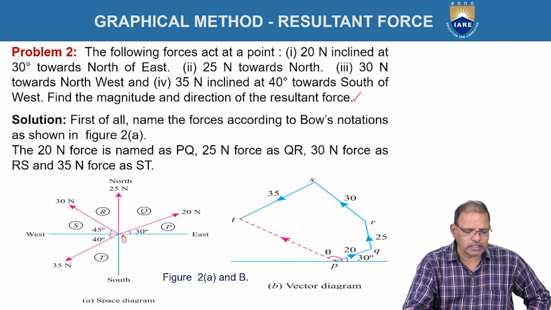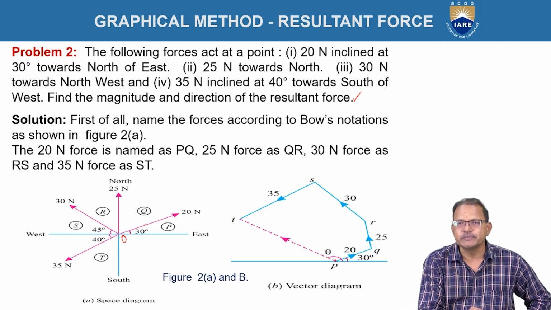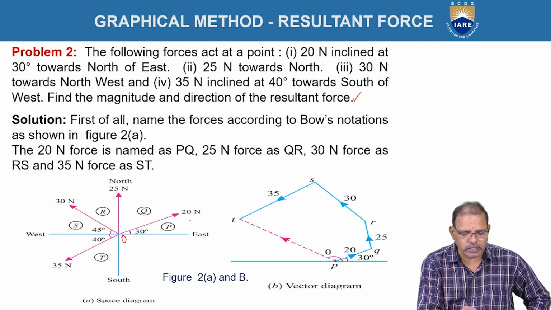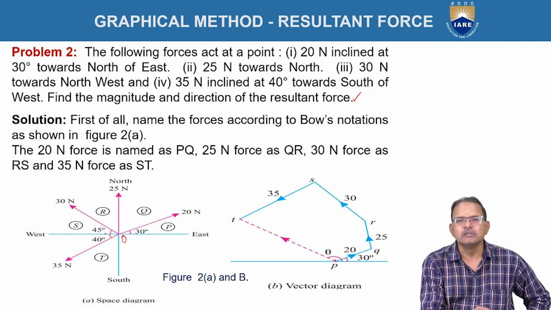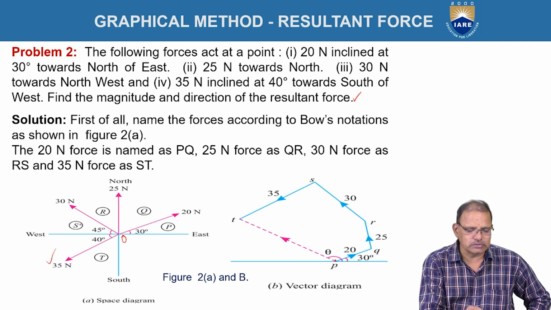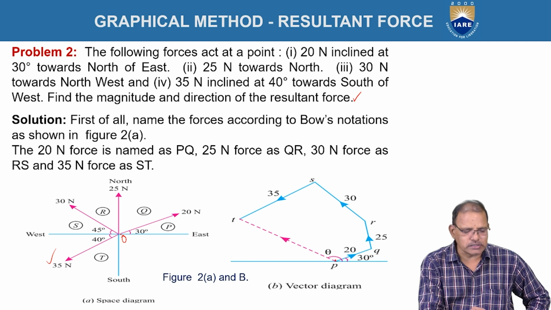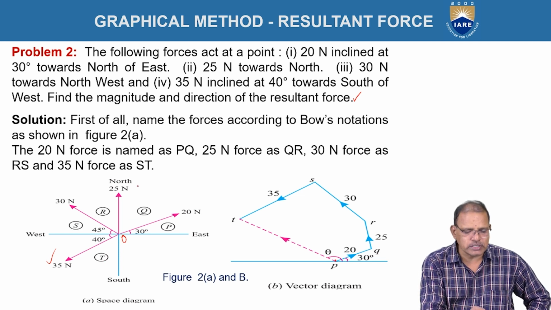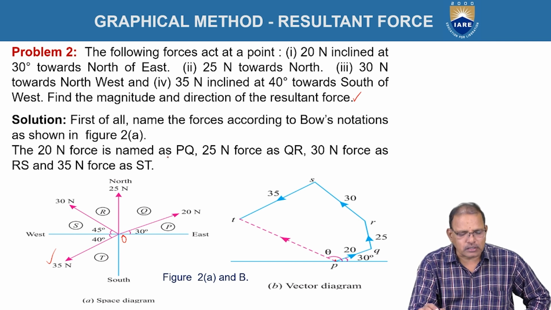The 20 newton force is acting at 30 degrees, measured counterclockwise from the east. Afterwards, 30 newtons is there, at 45 degrees with the west direction, and 35 newtons at an angle of 40 degrees with the west, and one more force, 25 newtons, is acting just north as shown in the figure.